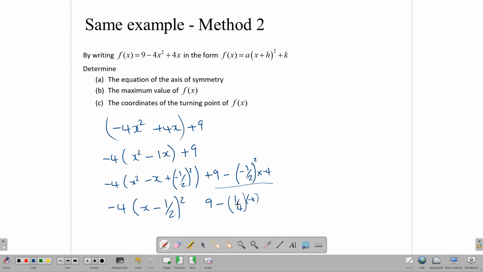And negative 4 times a quarter will give us negative 1. So we end up with 9 minus negative 1, which gives us 10 again. And so we can finish our question here by saying negative 4 times x minus a half squared plus 10, which you see is the same as the method before.